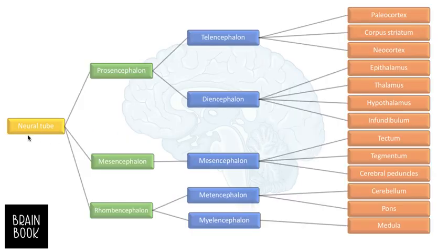Here I drew a schematic diagram to demonstrate which part of the brain comes from the neural tube throughout the development. You can see here, for example, in the neural tube, the rhombencephalon forms the metencephalon and myelencephalon. These two parts form the cerebellum, pons, and medulla oblongata.